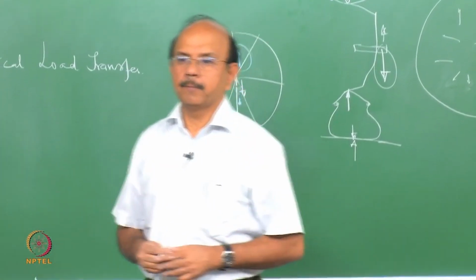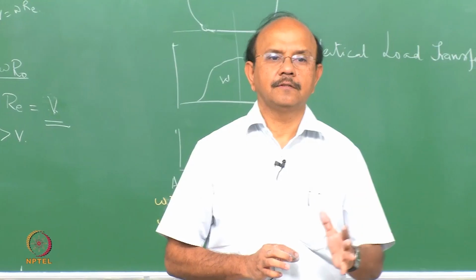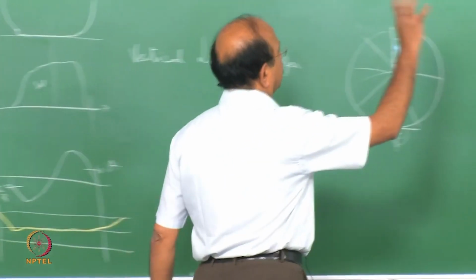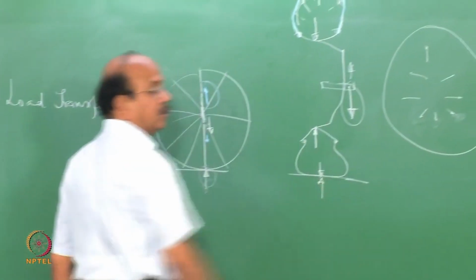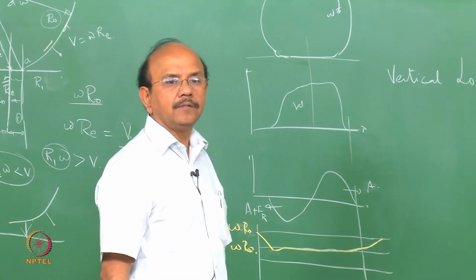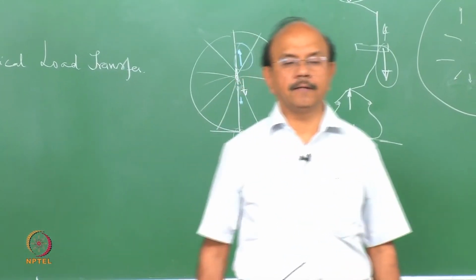Is that clear? Any questions? Okay. So this is an important concept on how load is transferred or held by the tire. We will come back to this rolling tire again.